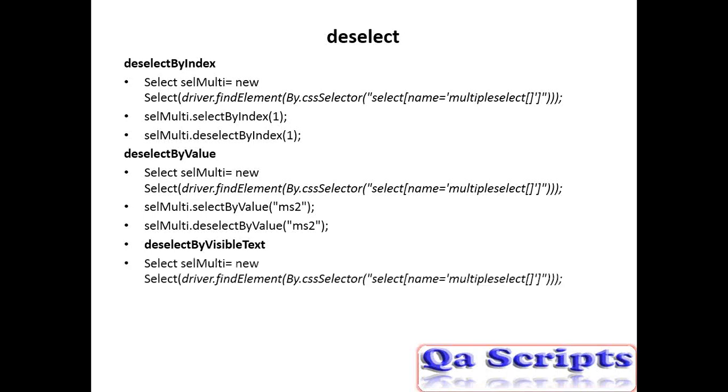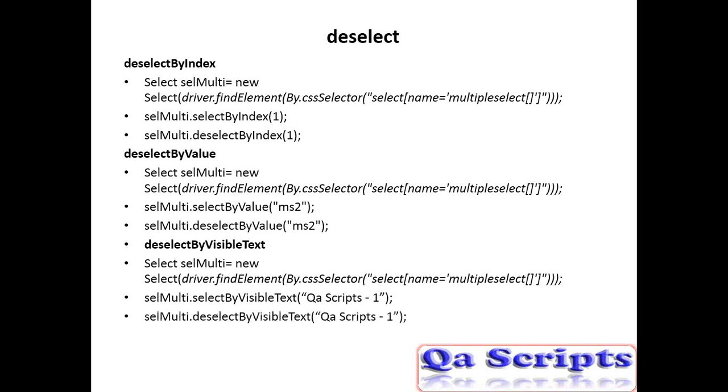So here we are going to pass the visible text, that is the text or label of the option, directly in double quotes. First we will use select by visible text, because if you want to use deselect by visible text, first the option must be selected. Hence I have used selMulti dot select by visible text. Then I have used selMulti dot deselect by visible text.